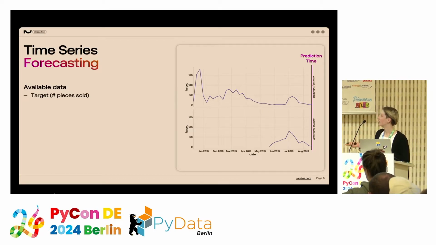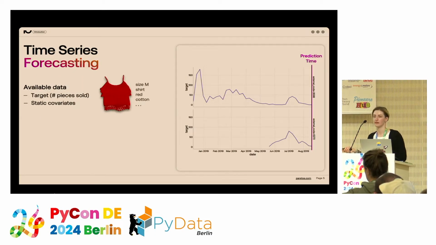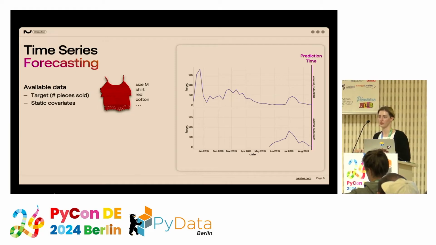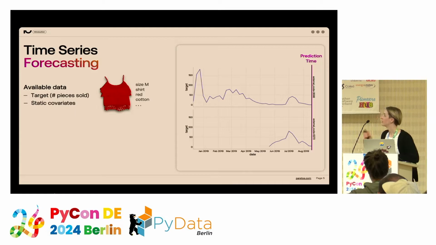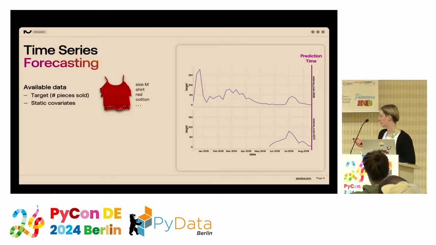So what else do we have in terms of data? We have static covariates. What is a covariate? You can think of it as a feature that you feed to a model that learns from it. And static means that it doesn't change in time. For instance, it can be an image of a product, and it can have textual descriptions like size, which category it is, like shirt, color, fabric, and so on.